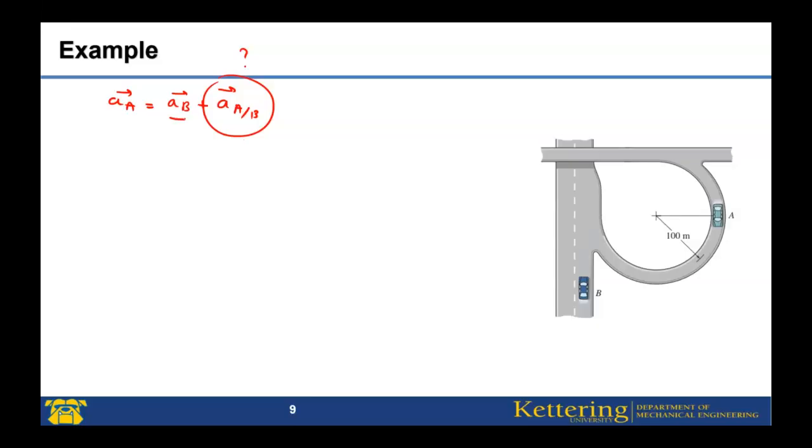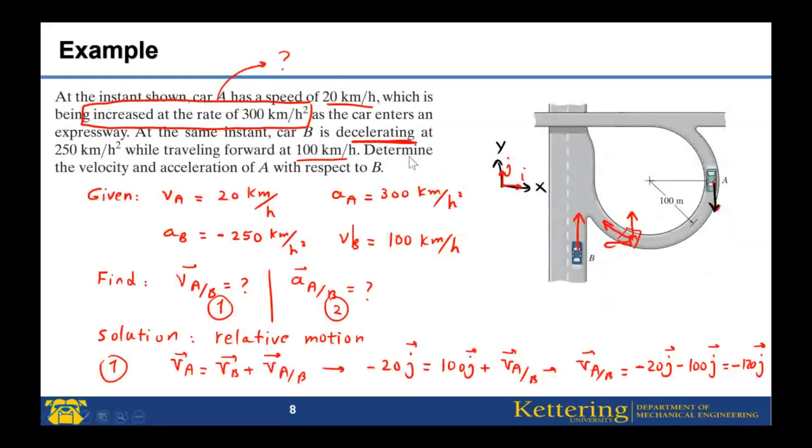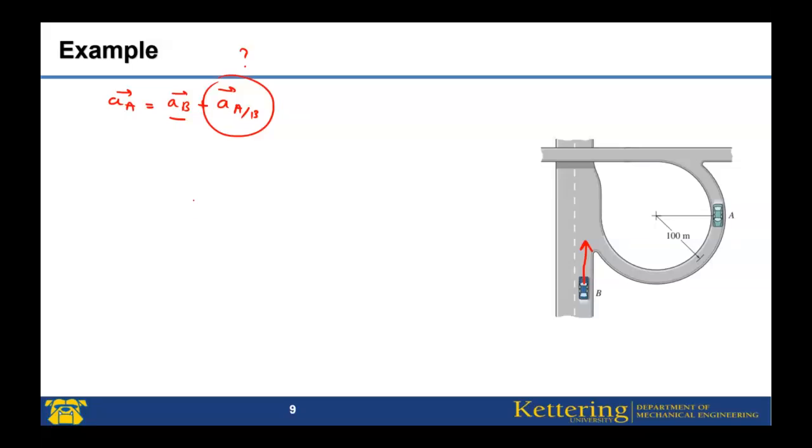The acceleration of B, if you refer to here, is minus 250 in the j direction, plus the acceleration of A with respect to B.